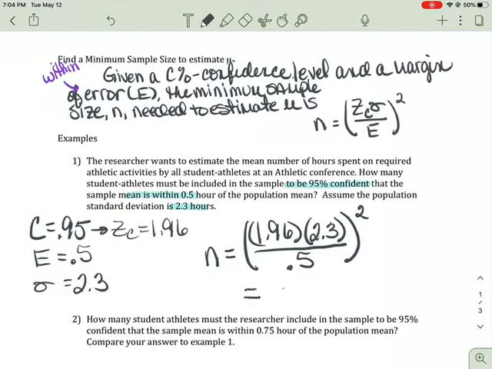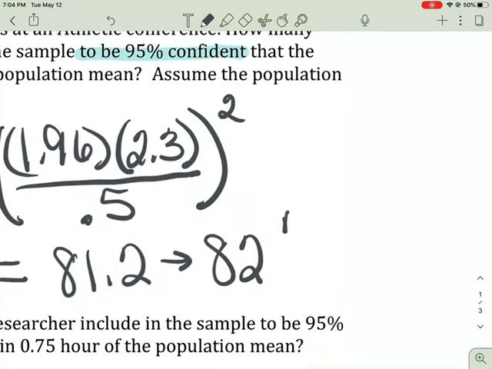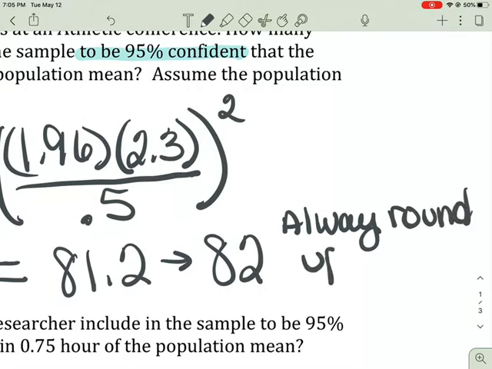All right, so do the math. Multiply the two together, divide by 0.5, and square it. I got 81.2. Now, we cannot have 81.2 people surveyed. Okay, that's just not how we're going to fly. So, always round up. One of the things we want to make sure is always round up.